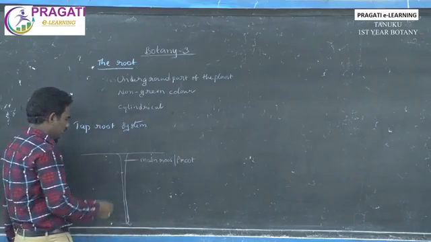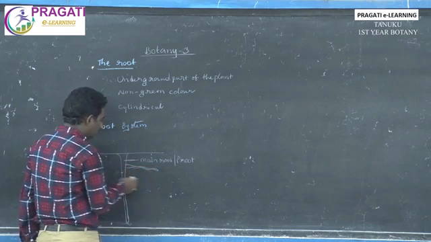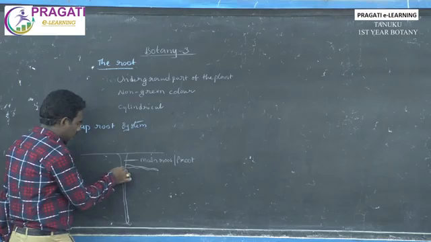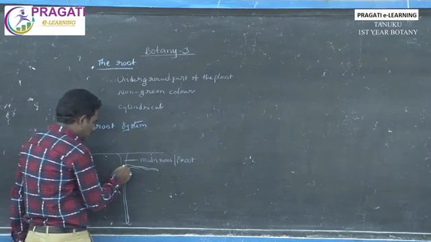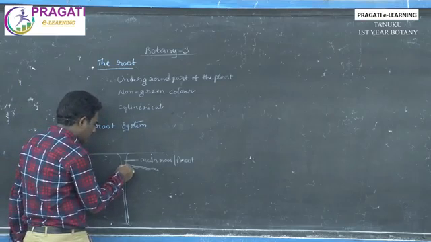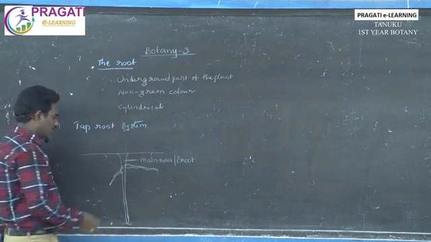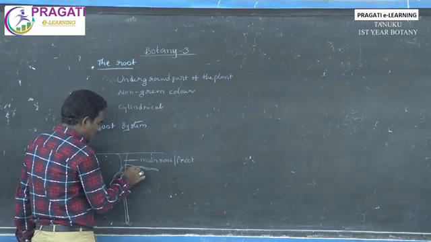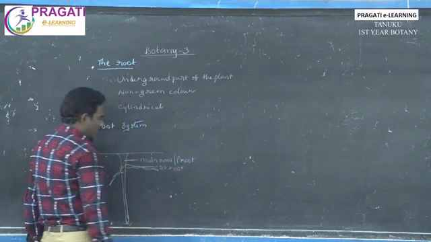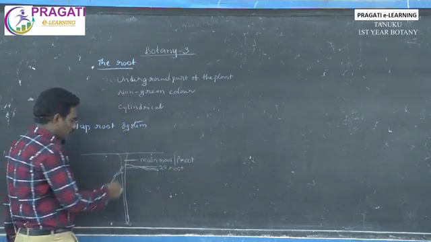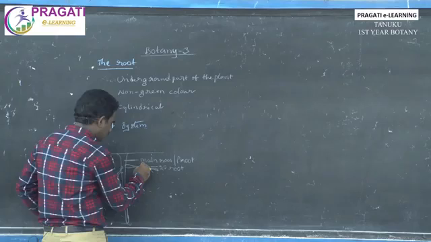It produces several branches endogenously, which means the lateral roots develop from the inner tissue, the pericycle. These are called secondary roots. These secondary roots produce root hairs and further branches, called tertiary roots.